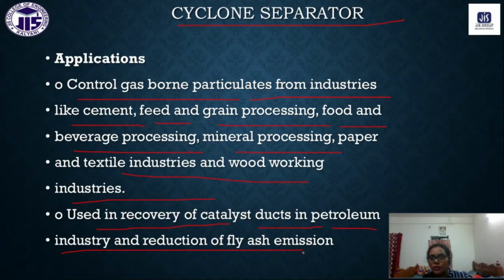While they are making the roads, they are using the fly ash. Thus the fly ash can be reused, and we can reduce the fly ash emission. For the reduction of fly ash emission, we can also use a cyclone separator. So these are some of the application fields where we can use a cyclone separator.